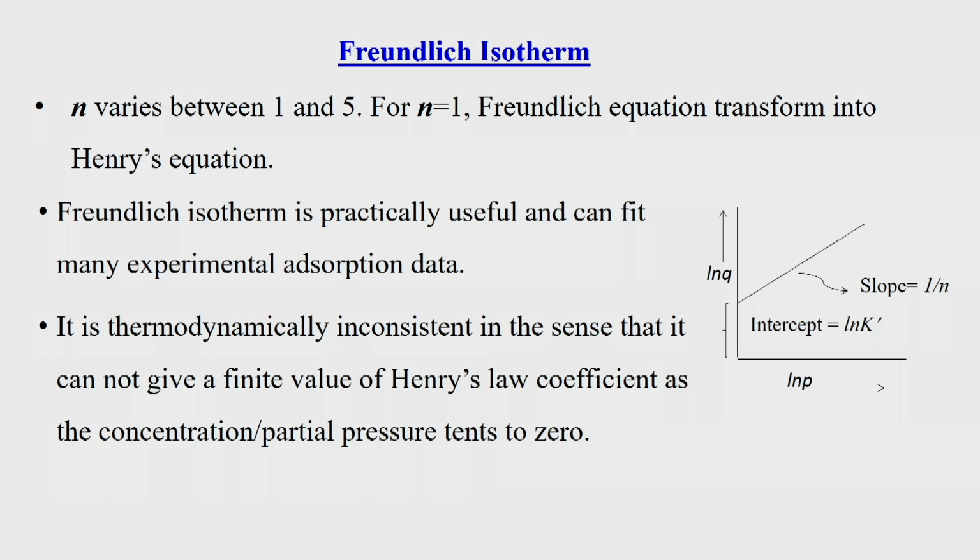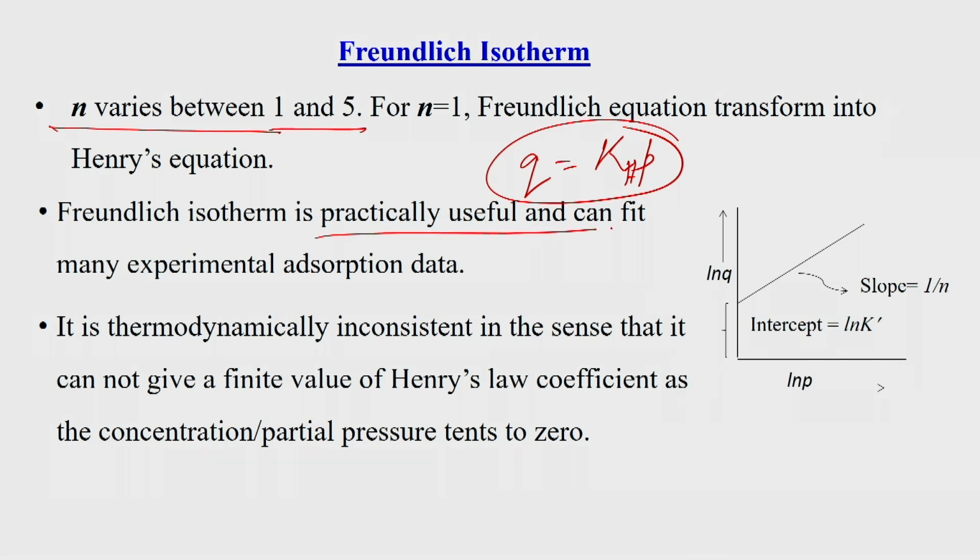Then the third point: the n values vary between 1 to 5, and for n = 1, the Freundlich equation transforms into Henry's equation that we have seen, q = k_H p^(1/1), so q = k_H p. The Freundlich isotherm is practically useful and can fit many experimental adsorption data points.